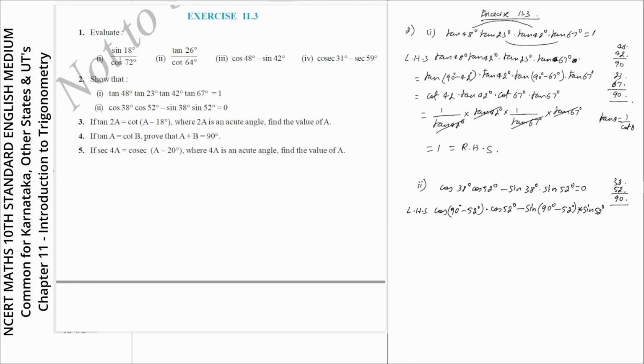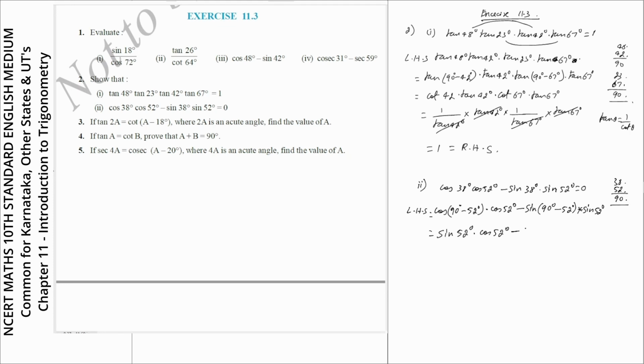Now this is equal to, now cos of 90 degree minus 52 degree, cos changes to sin in place of complementary angles. So cos becomes sin, sin of 52 degree into cos of 52 degree minus. So here also sin will change to cos because they are complementary angles.